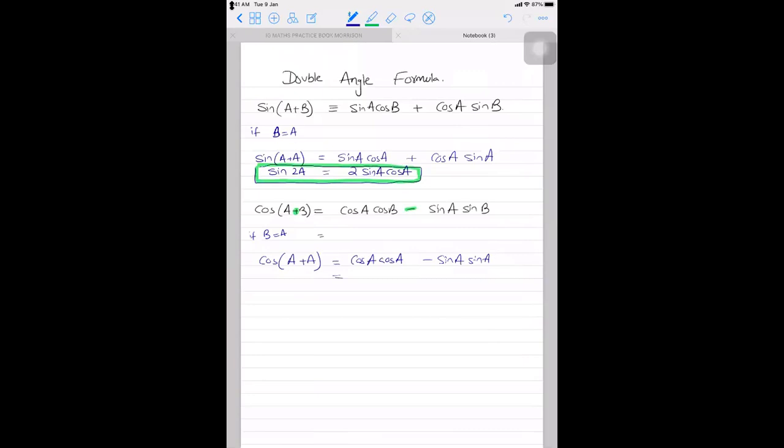So cos a into cos a is cos square a, sine a into sine a is sine square a. So cos of 2a, cos of this double angle 2a, comes out to be equal to cos square a minus sine square a.